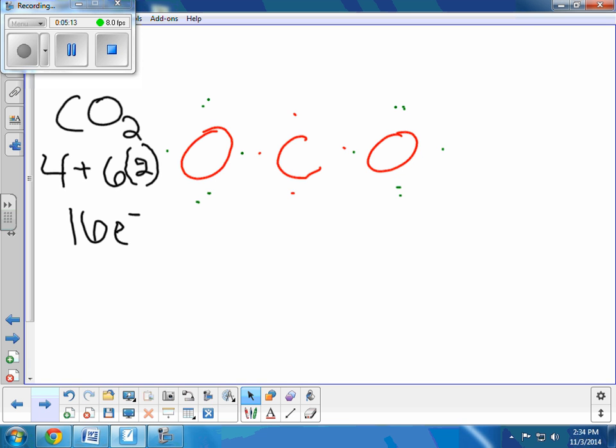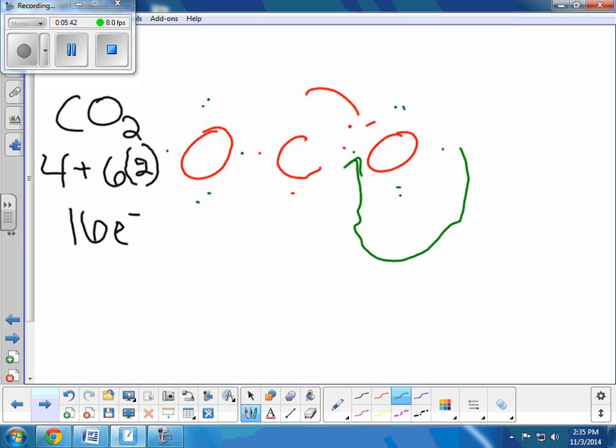So I'm going to take this electron above carbon and I'm going to move it here. So I'm going to erase it. And then I'm going to take this electron and move it to the center.